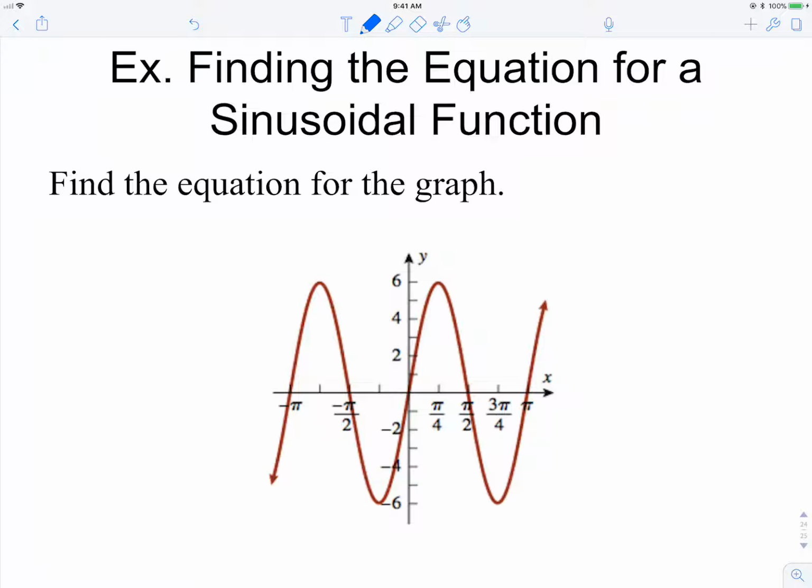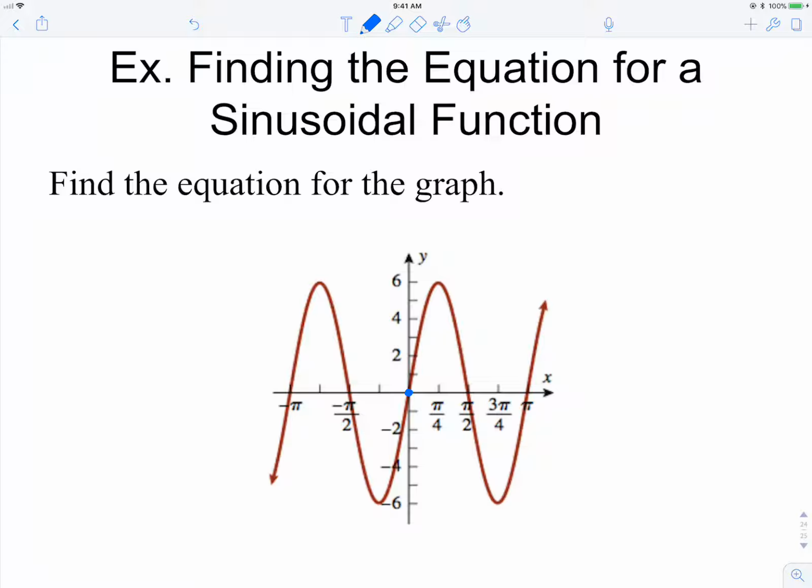All right, last example. We want to write an equation that will fit this graph, and there are actually multiple equations that you could write to represent this graph. However, because we haven't talked about horizontal shifts yet, there's one equation that we could write. We notice that this graph passes through the origin, so we're going to use a sine function.